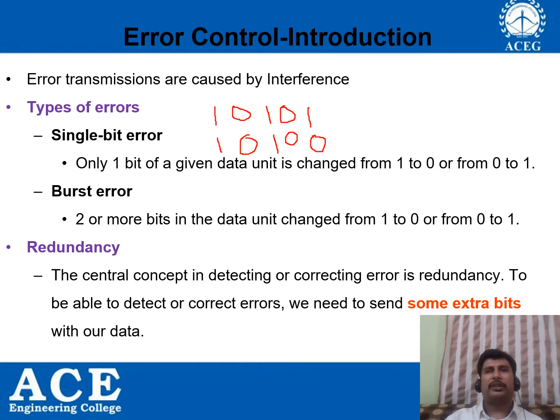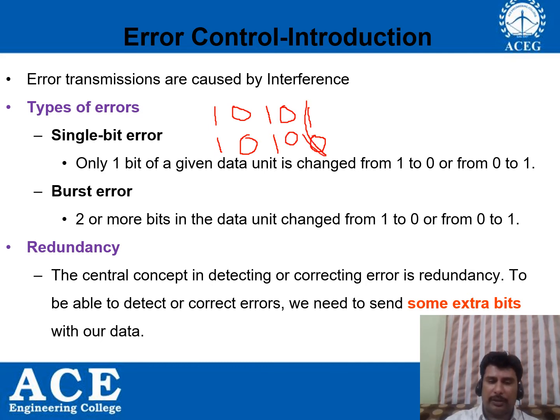So the transmitted data was 10101, but the received data was 10100.